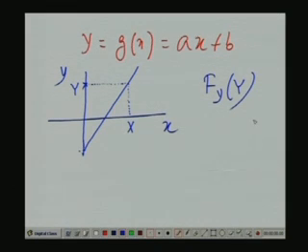It means the probability of y taking values less than or equal to capital Y. That means I have to go down from this point. But since it is a straight line, you can easily see here that if I go below capital Y, that means I go to the left of capital X.